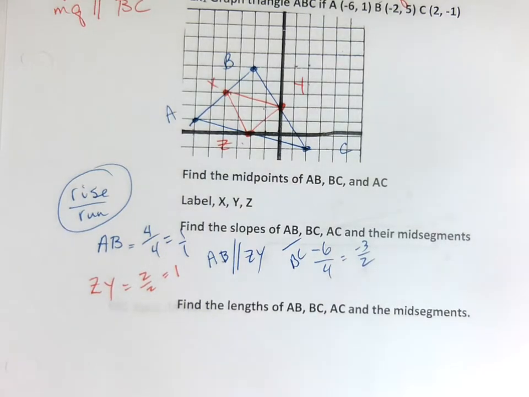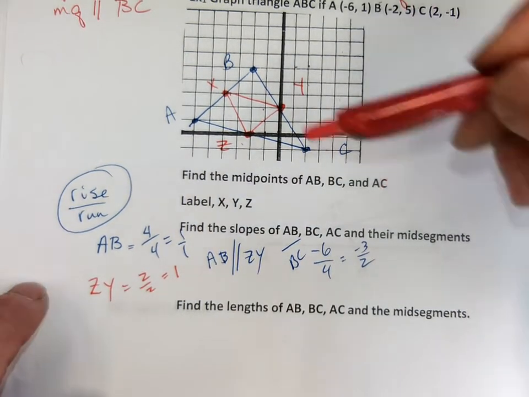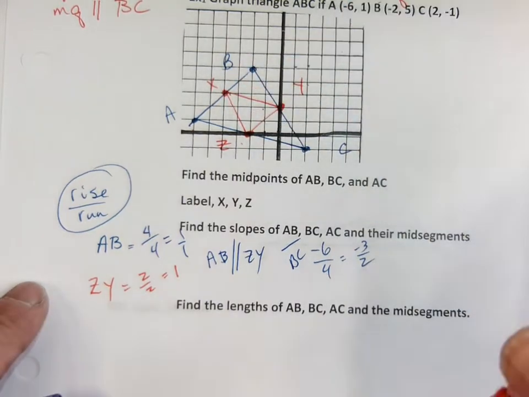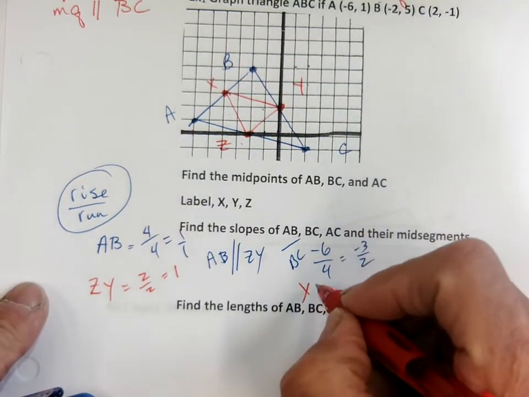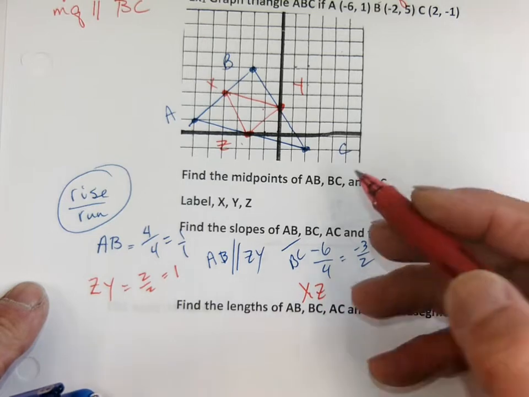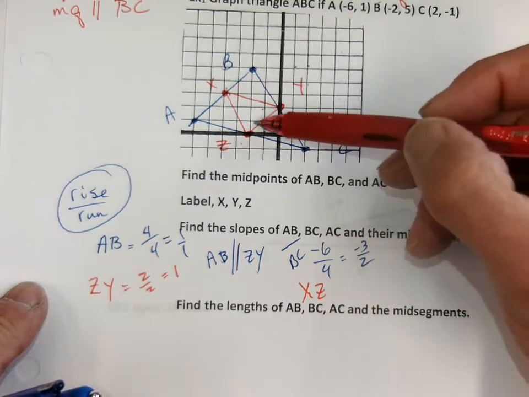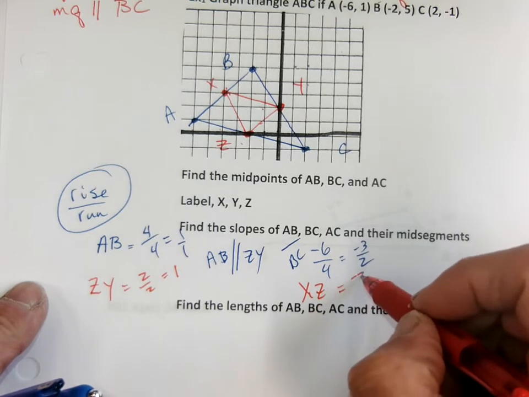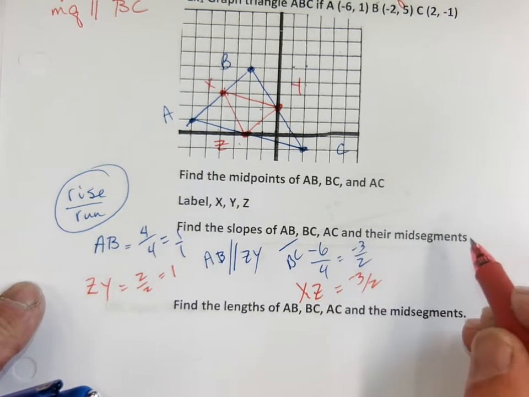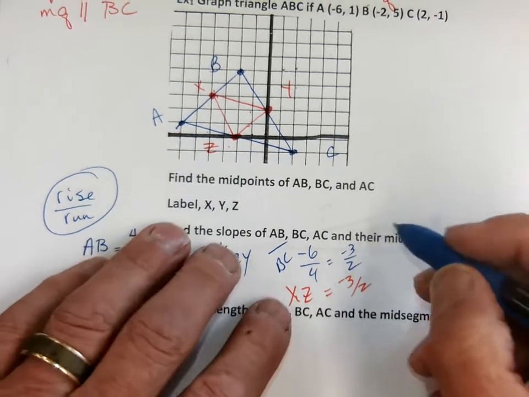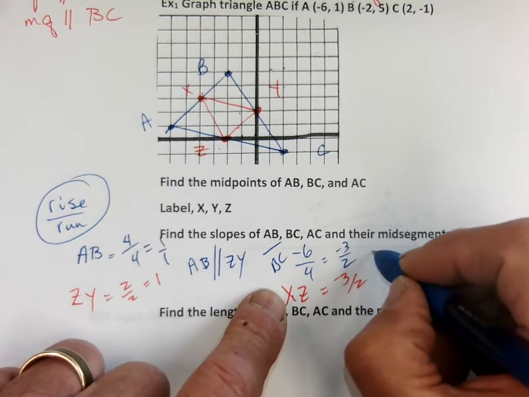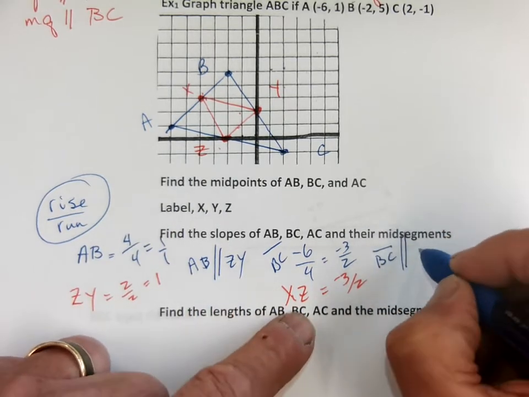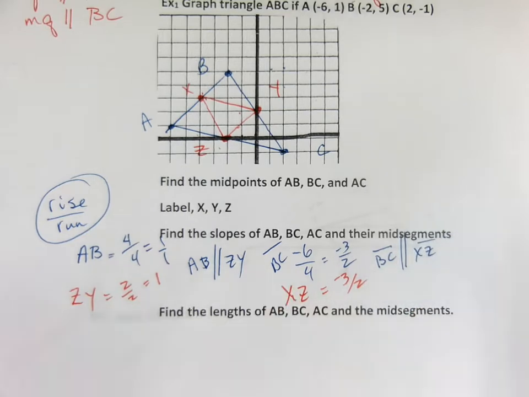Just reduce the fraction. Well, that means that the slope of XZ should be the same. Let's check it out. It's got to be. So XZ is down 3 over 2. Look, 1, 2, 3, 2. It is down 3 over 2. So these two are parallel, right? So I can say, sure enough, that BC is parallel to XZ. They're parallel because same slope, right?